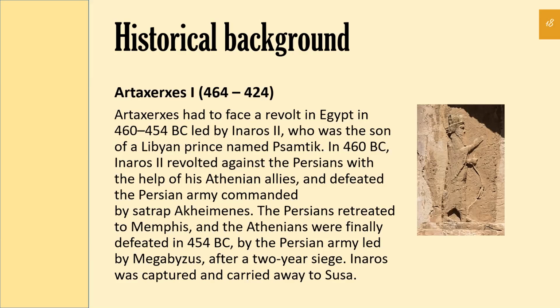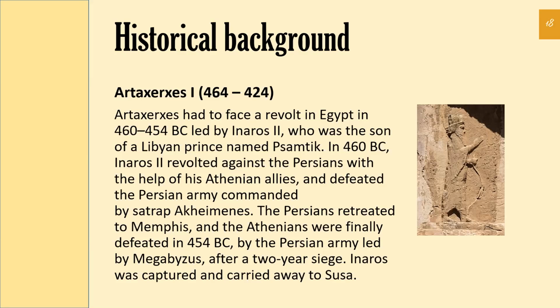the one who allowed Ezra to come back, and he not only allowed Ezra to come back, but he even sponsored the building of the temple, because he provided Ezra with all the money and all other resources needed for the temple, and it looks like he was very favorable to the Jews.